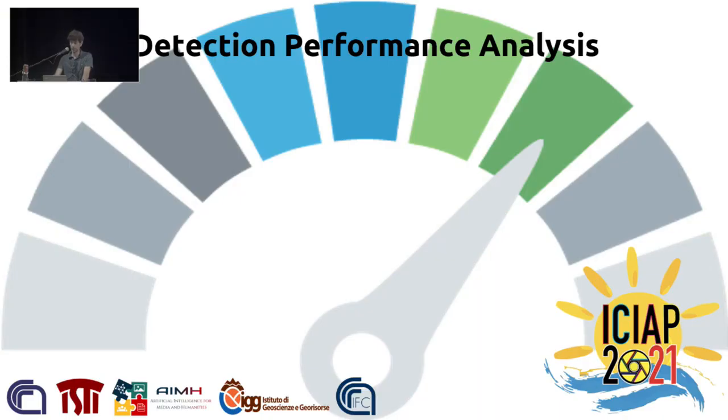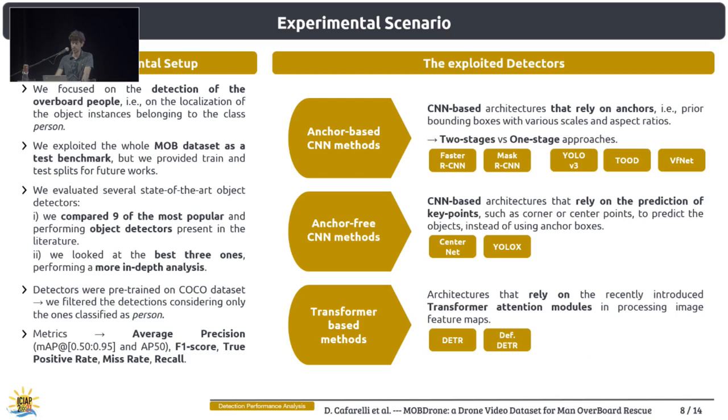Now I will briefly show you the detection performance analysis that we did. In particular, we focused on the detection of overboard people, that is, on the localization of the object instances belonging to the class person. We exploited the MOBDrone dataset as a test benchmark, but we provided train and test splits for future works. We evaluated several state-of-the-art object detectors.